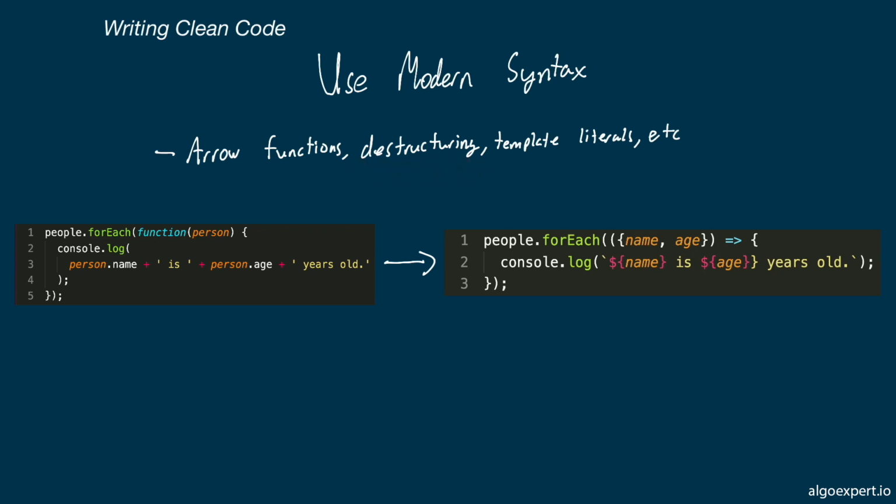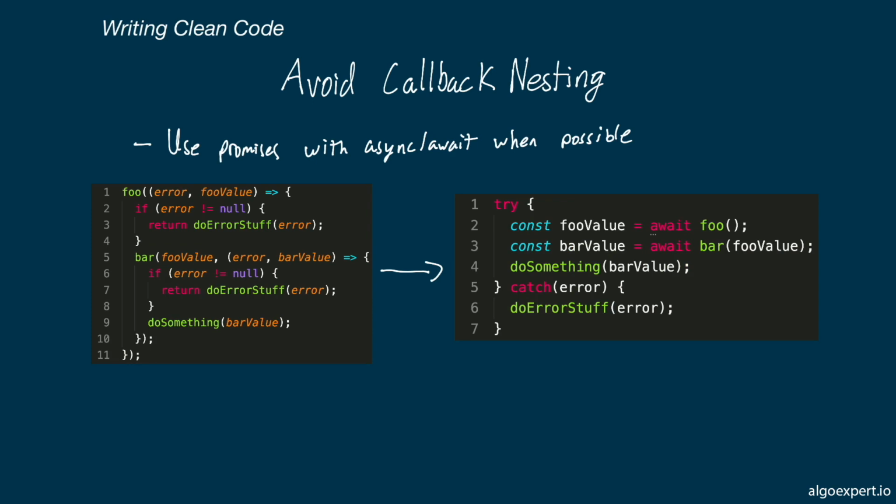In JavaScript, we tend to work with a lot of objects, and destructuring can simplify the code a ton. And then I would also make sure to use template literals. Essentially, anytime you need to concatenate a string with some other value, I would almost always use a template literal, as it is going to make the code much easier to read, and it is the more common practice with modern JavaScript.